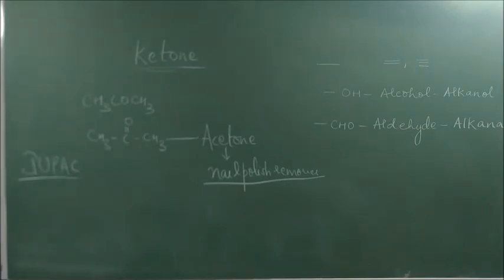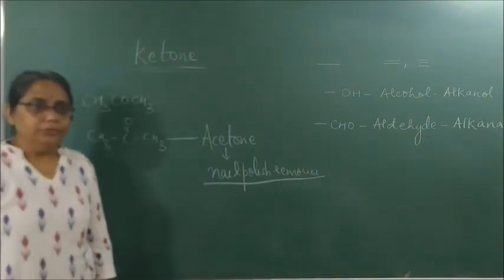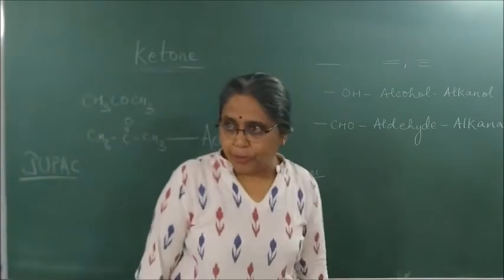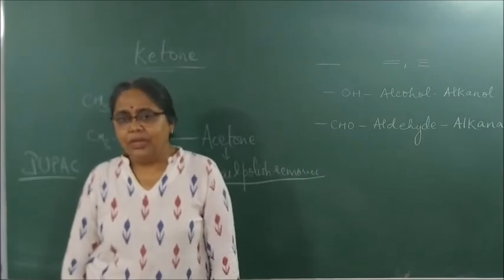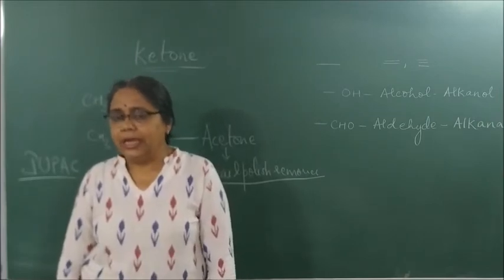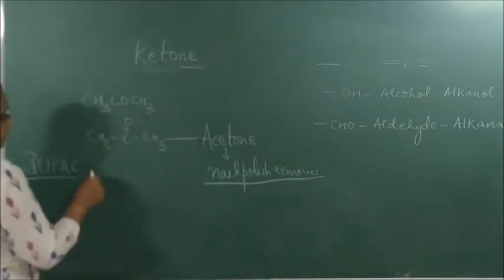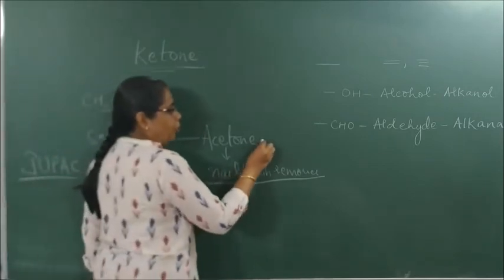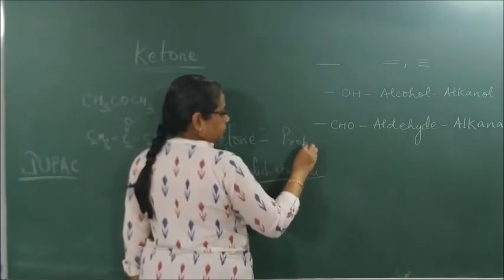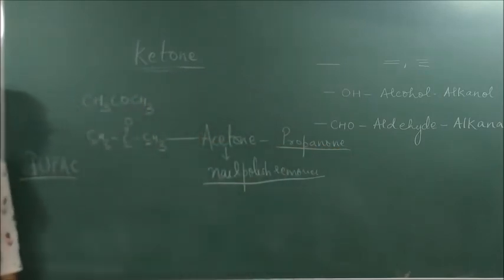But now let us go back to our IUPAC logic. If there is one carbon atom, the prefix added is meth. 2 eth. 3 prop. 4 but. 5 pent. 6 hex. 7 hep. 8 oct. 9 non. 10 dec. Okay, so here how many carbon atoms are present? 1, 2, 3. So this will be called what? Propanone, because with 3 carbon atoms, the prefix added is prop.